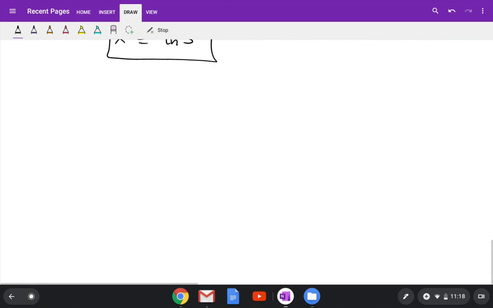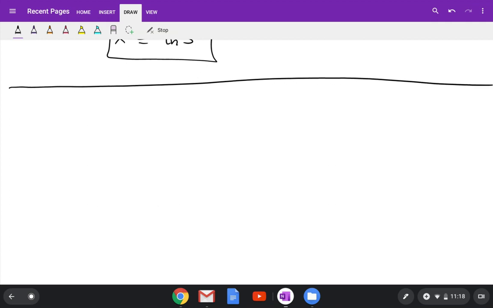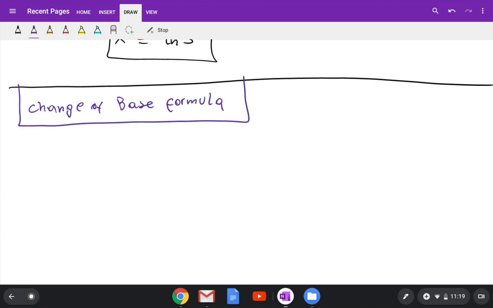Next is the change of base formula. I'm pretty sure you guys have heard about that. In this class, you need to use that formula because you're supposed to use a basic scientific calculator.